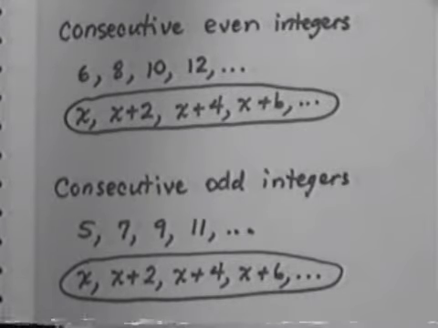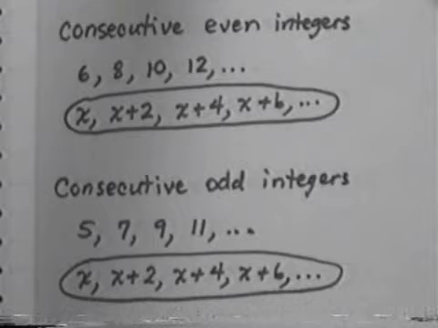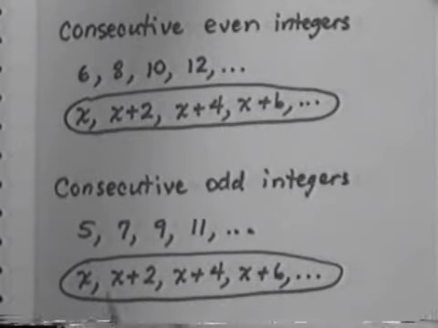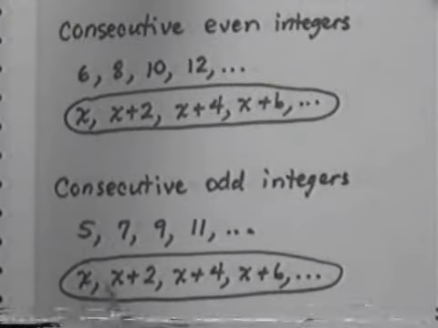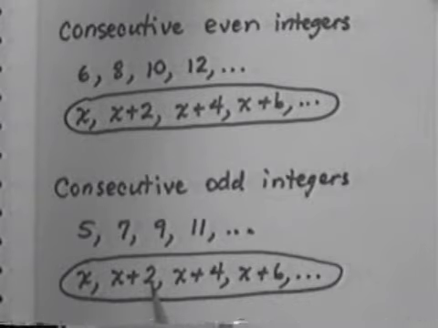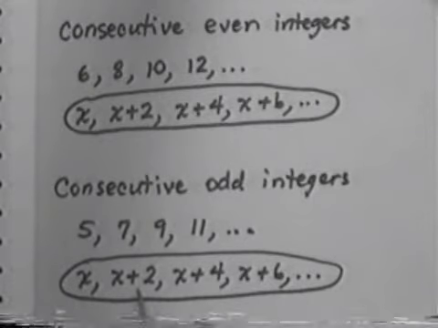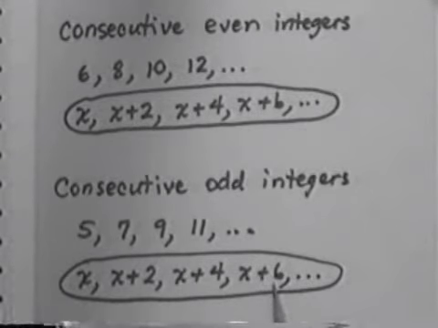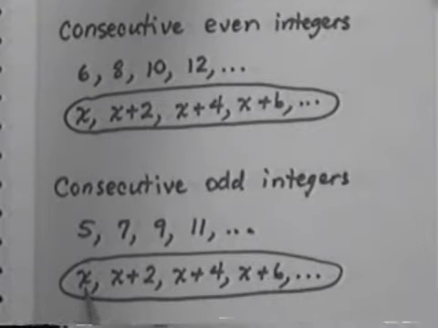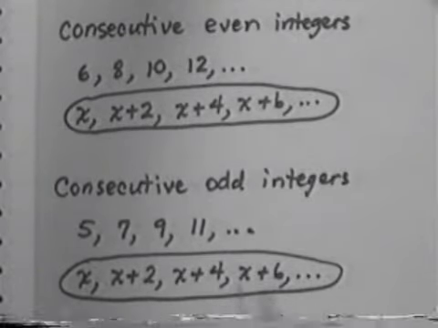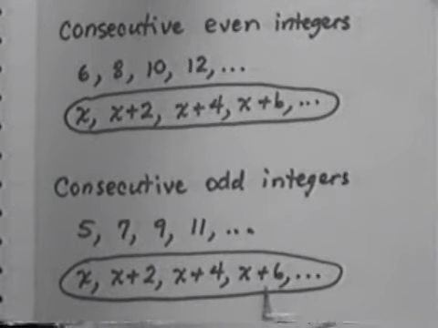If we begin with an odd number, like, for instance, 23, 23 plus 2 would be 25. 23 plus 4 would be 27. So beginning with 23, we would then get 25, 27, 29, and so on. We would have odd numbers. Beginning with an odd number, adding 2, 4, 6, and so on will keep us with odd numbers.